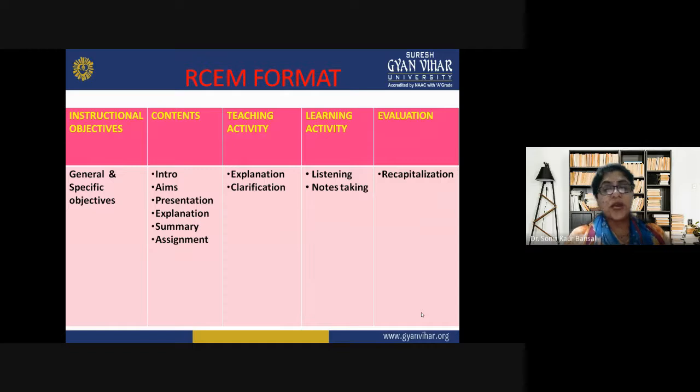So recapitulation of the knowledge that you have taught to your students is a must to evaluate. And again, it is done in 2 ways, oral or written form. At the end of the class, if it is required, then mostly teachers ask some review questions and evaluation is done. And if it is in the form of a class test or weekly test, then it may be done in the form of written questions also.